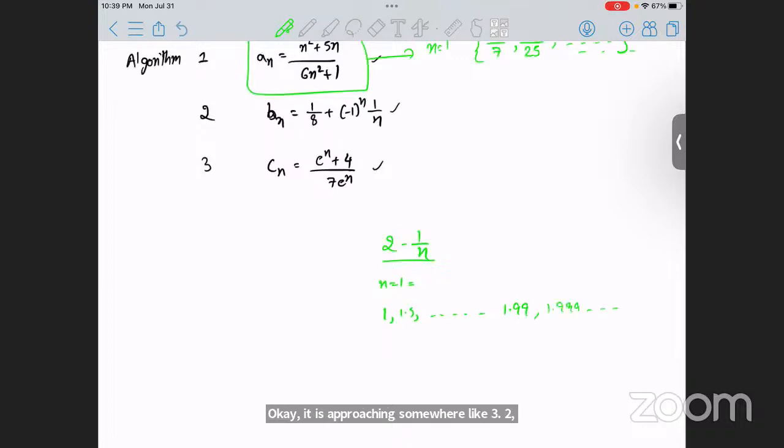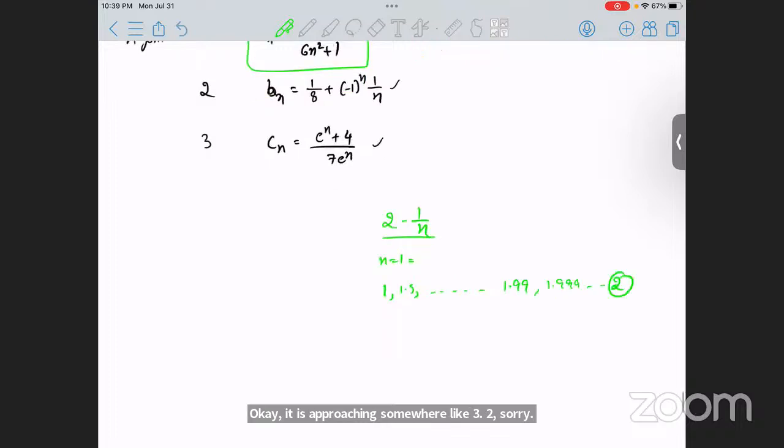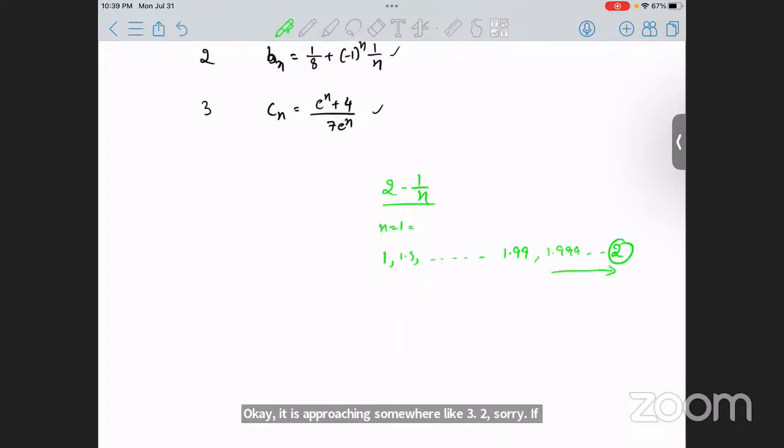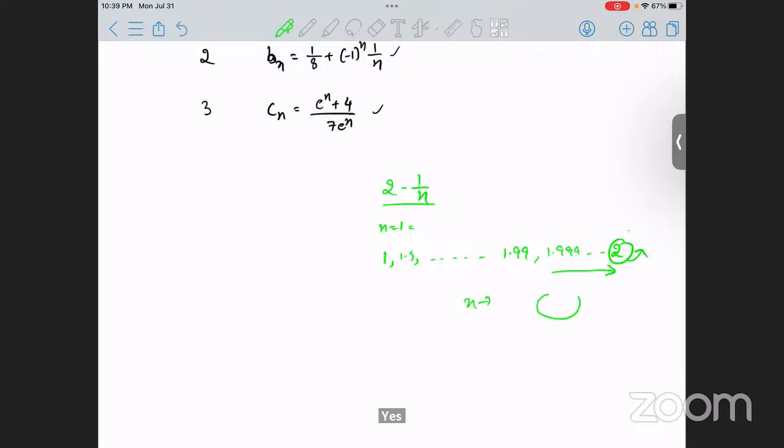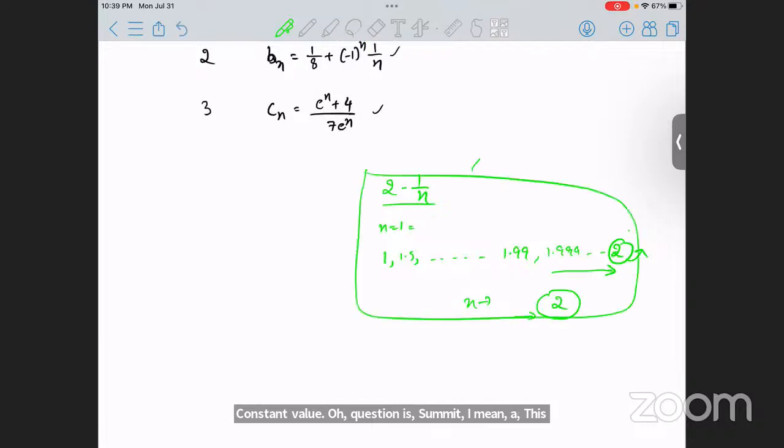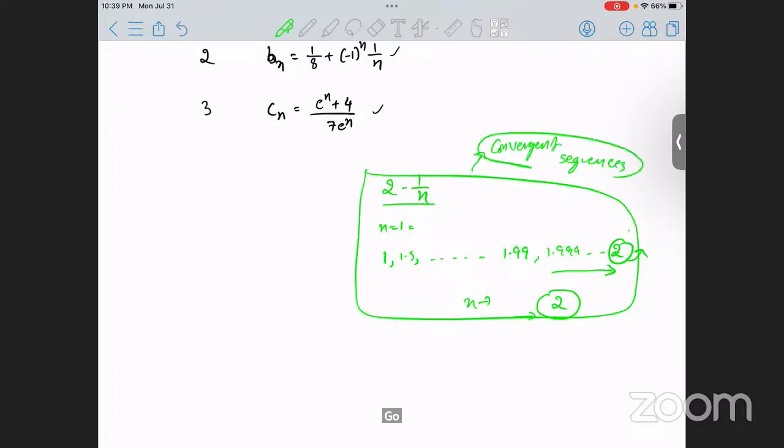It is approaching 2. If you increase n, the maximum you can get is 2. It can't be greater than 2. As n approaches greater and greater values, you are getting a constant value, near to 2. These types of sequences are known as convergent sequences. Agree?